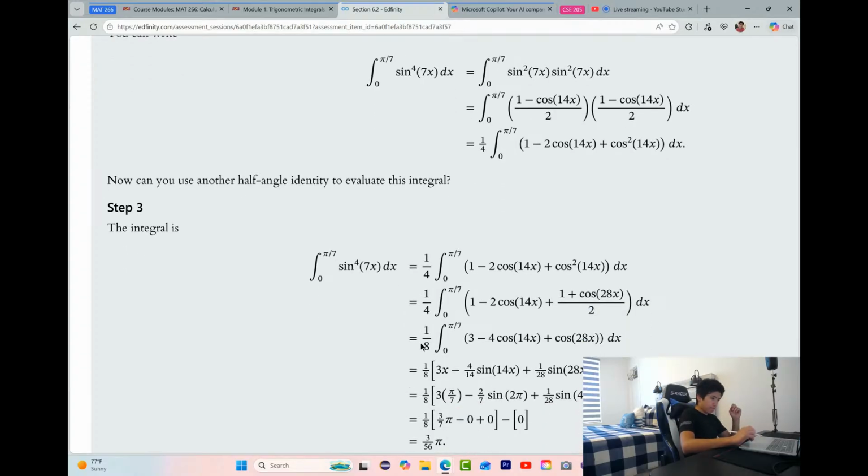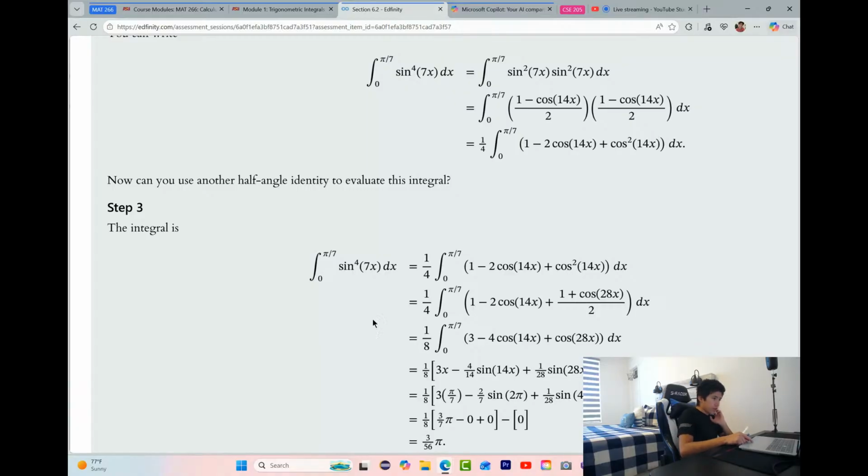And then 1/2, 1. Oh, wait, why did you do plus? Oh, that's right. It's minus when you have a sine. We got minus here. That's right, I forgot. So, yep, plus, that's what we get. You double it.